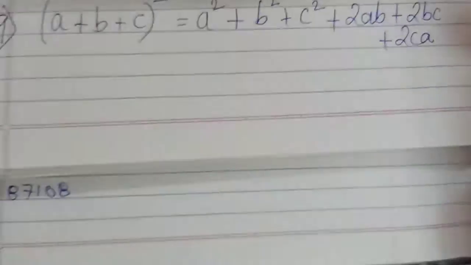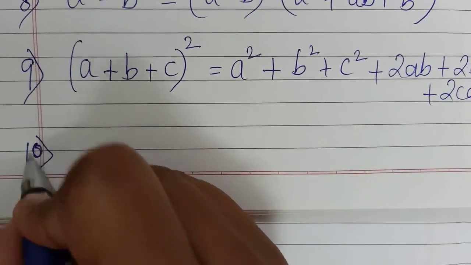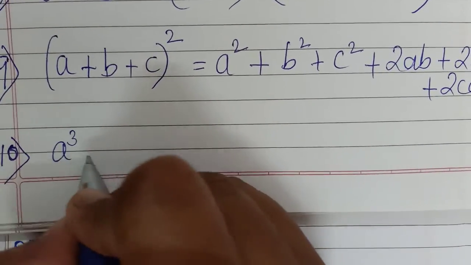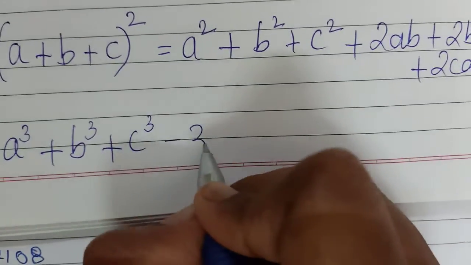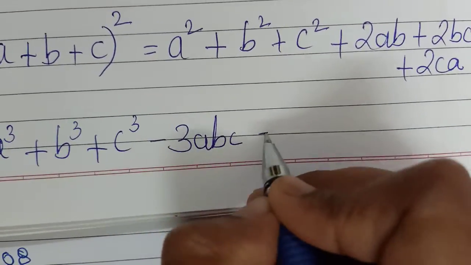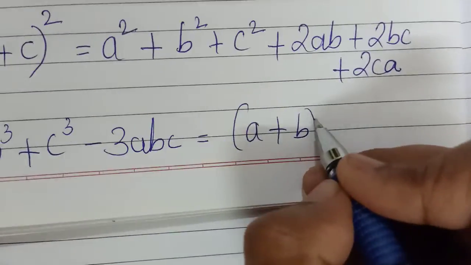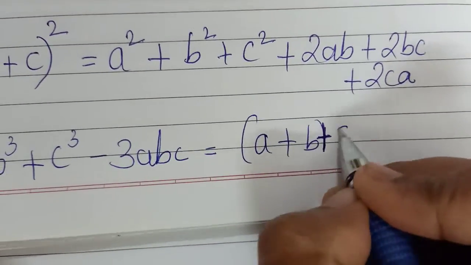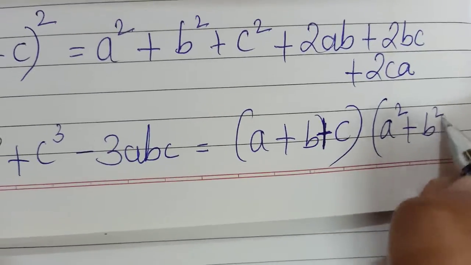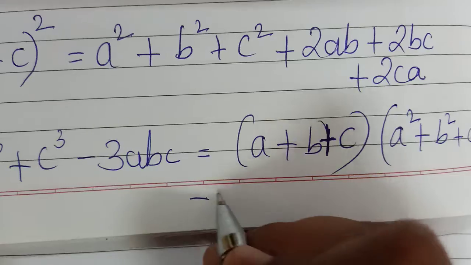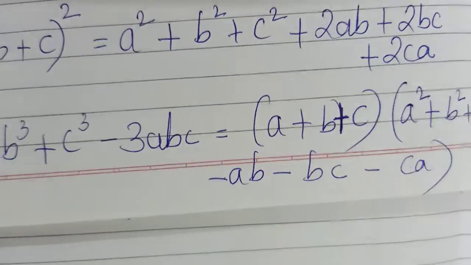And then the 10th one, a cube plus b cube plus c cube minus 3abc is equal to (a plus b plus c) into (a square plus b square plus c square minus ab minus bc minus ca).